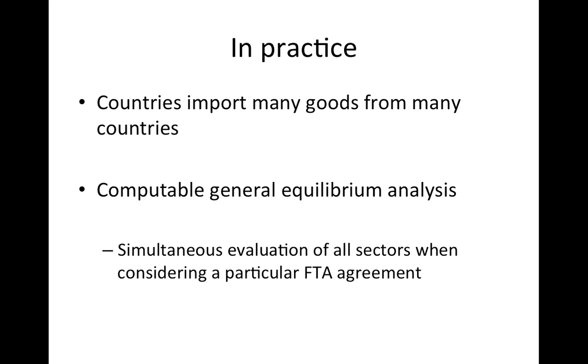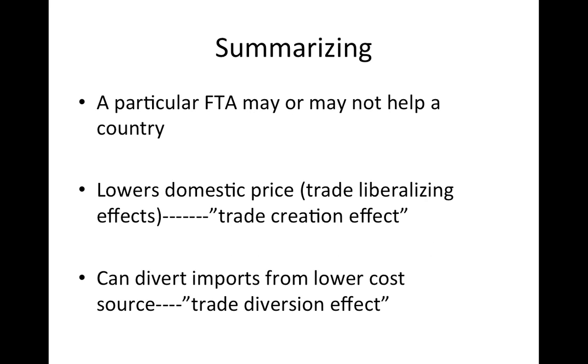Now, this is not something you can do in a simple supply and demand graph, but governments will use what are called computable general equilibrium analysis, which I don't have time to talk about here, but where you do indeed try to look at the simultaneous effects of all these different potential markets where you may be having a free trade agreement with a low-cost supplier in some goods, a higher-cost supplier for other goods. It really just depends.